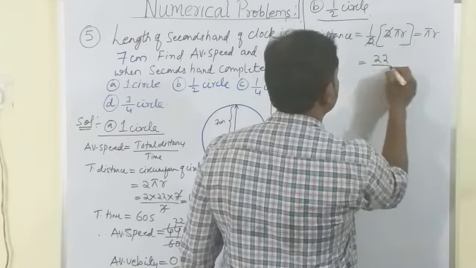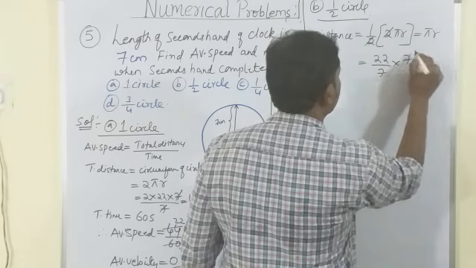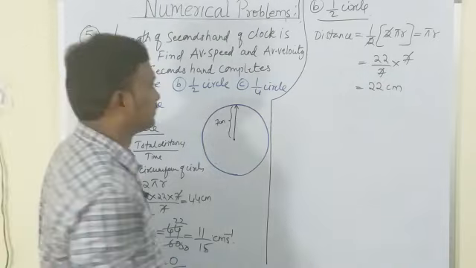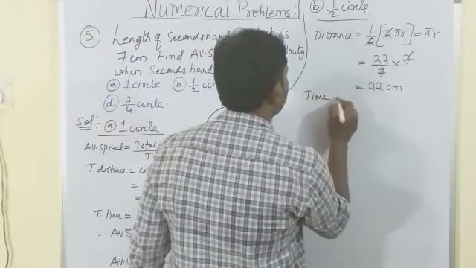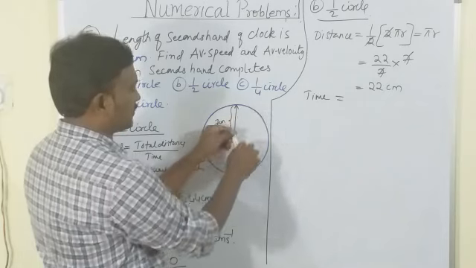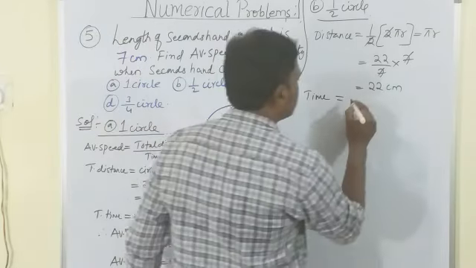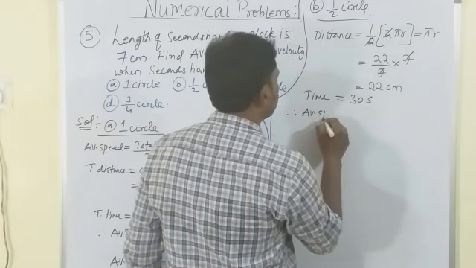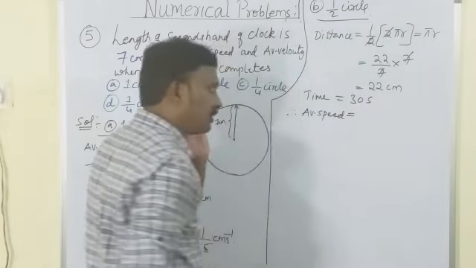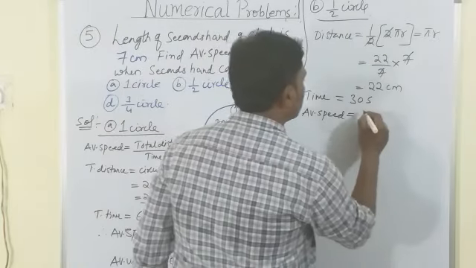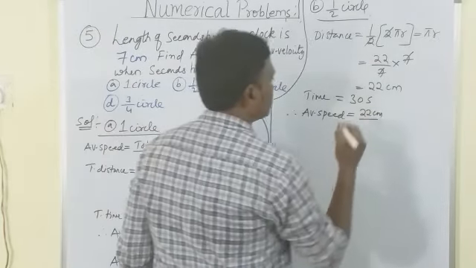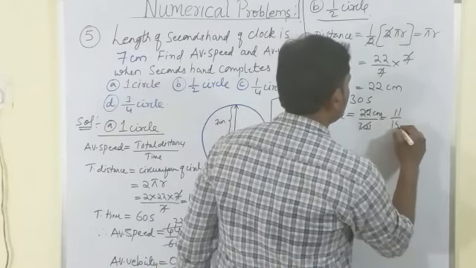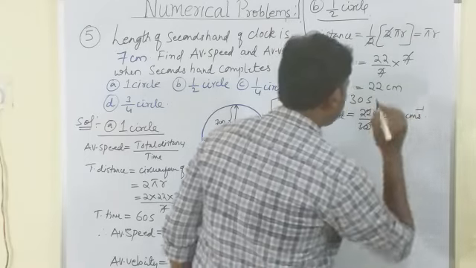That is 22 by 7 into 7, so you are getting 22 centimeters. And what is the time? When the seconds hand completes half of the circle, the time taken is 30 seconds. So therefore, average speed is total distance 22 centimeters by 30 seconds, that is 11 by 15 centimeter per second.